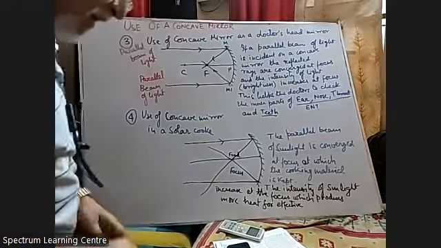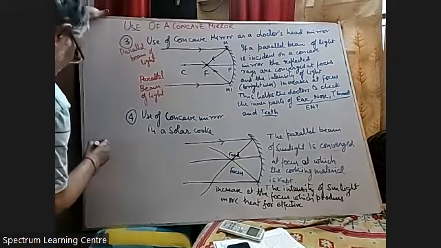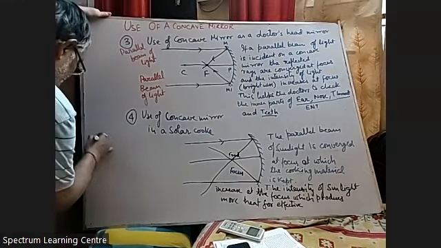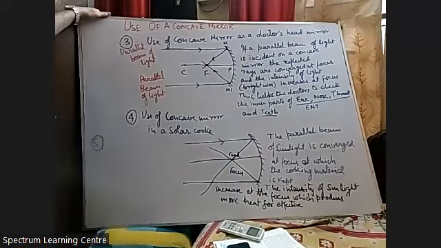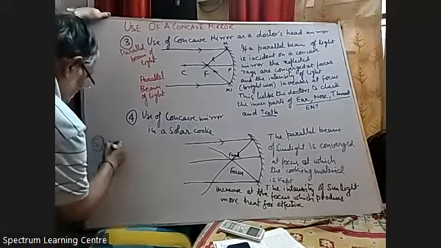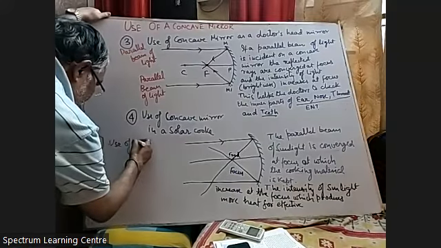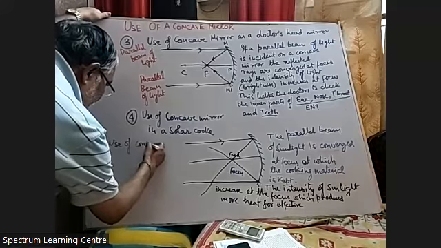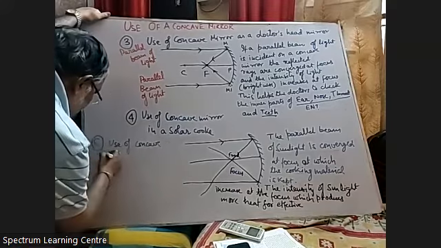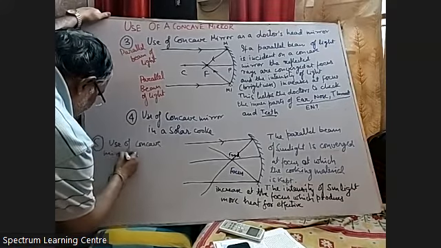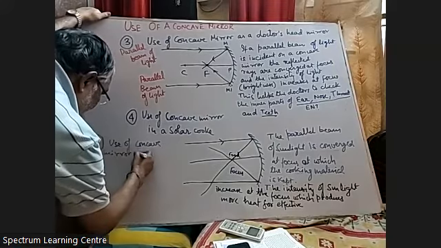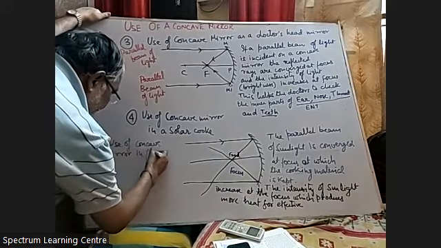Now, the fifth use is the use of a concave mirror in floodlights.